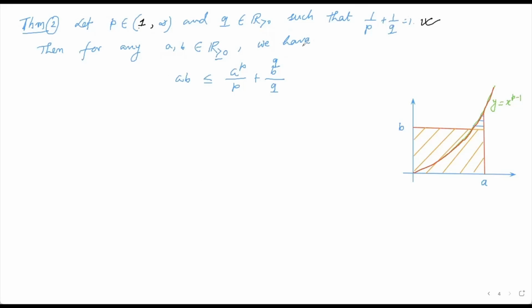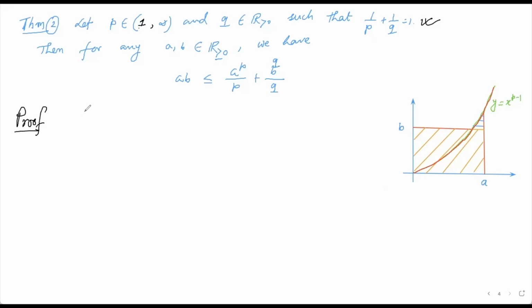Then the theorem says that for any non-negative real numbers a, b, we have a times b less than or equal to a^p over p plus b^q over q. This is called Young's inequality. So let us prove this inequality. Proof.